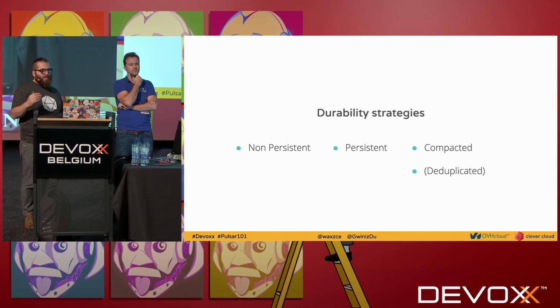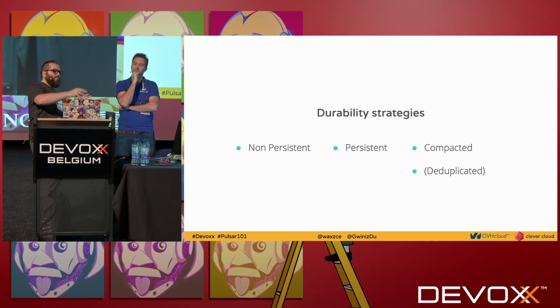If you have some messages which are important to store, you will store them, but you can have many brokers managing a lot of non-persistent messages and just a few with a storage system, which is, once again, the interest of decoupling the storage from the brokering system.